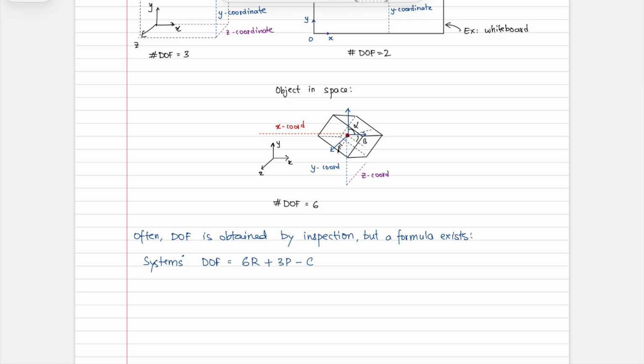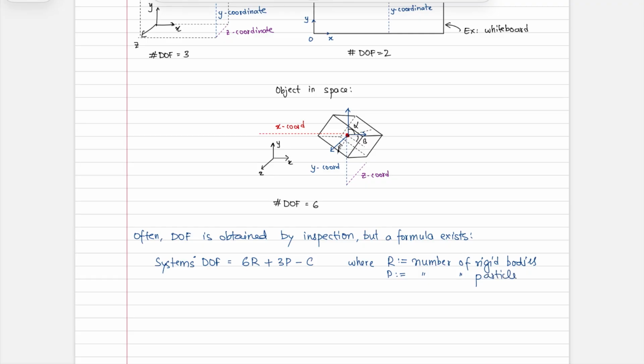System's degree of freedom, 6r plus 3p minus c, where r is the number of rigid bodies, p is the number of particles.